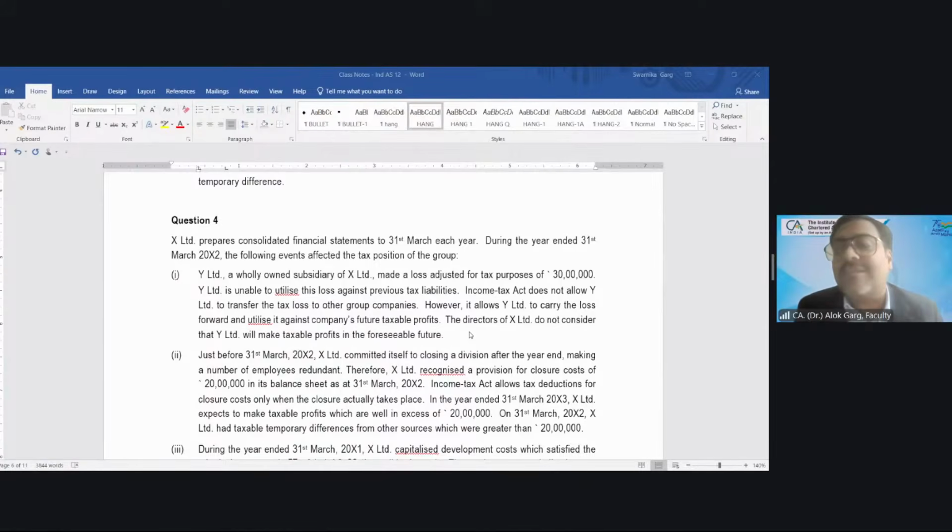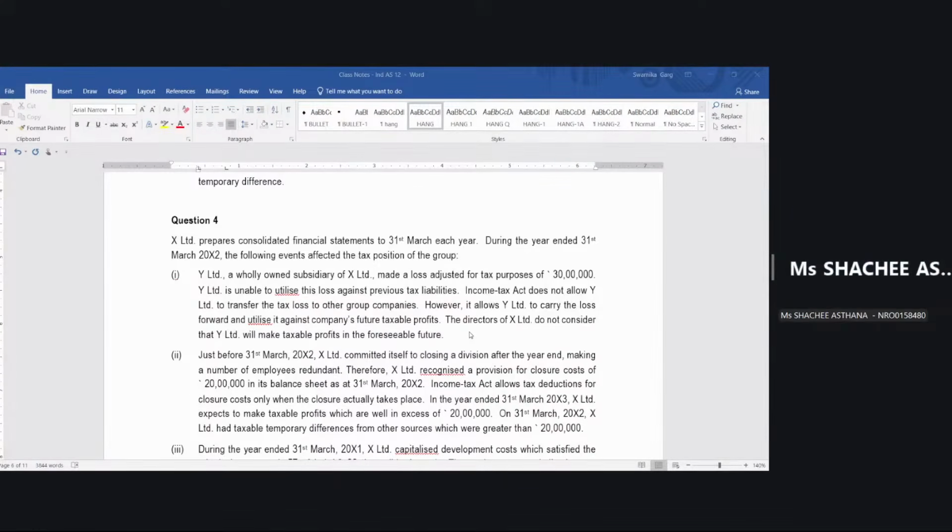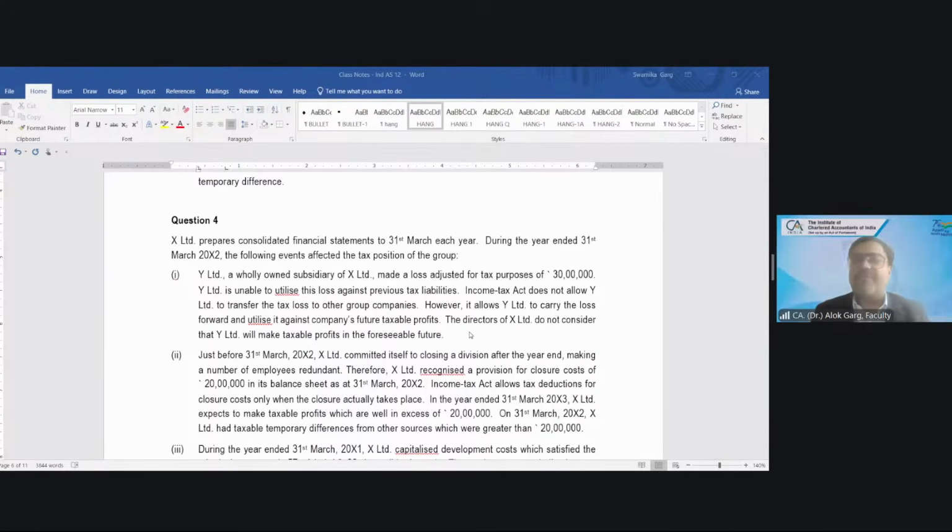So till certainty arrives, this DTA on the carry forward losses will not be created. So in this case, no deferred tax asset is to be recognized because there is no prospect of being able to reduce the tax liability in the foreseeable future, because taxable profits are not anticipated.